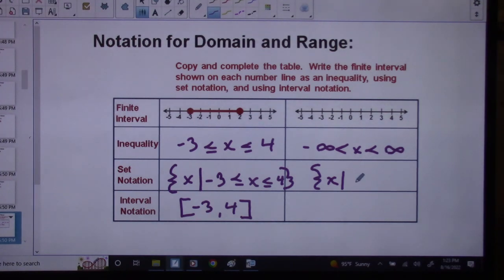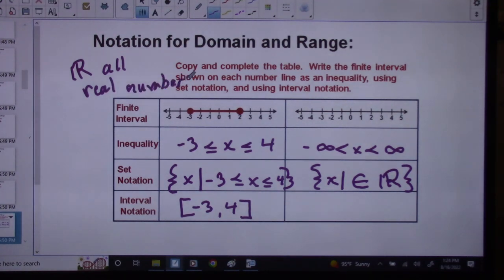You can just take this and write it down, or you can also write it like this and make a little sideways E. Have you ever seen something like this R like this? You haven't? This double-struck, bold script R is notation for all real numbers. Oh, yeah, I've seen that before. And the sideways looking E means is an element of. Let me write that down. So this E, I'm going to put it like this. Is an element of.